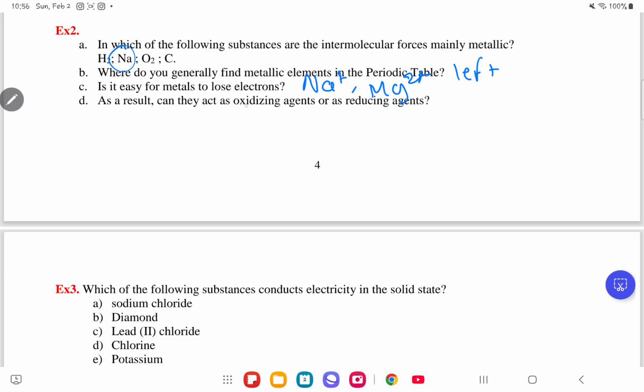As a result, can they act as oxidizing agents or reducing agents? If you lose electrons, then you are undergoing oxidation, and if you're undergoing oxidation, then you are a reducing agent. So definitely they are reducing agents.